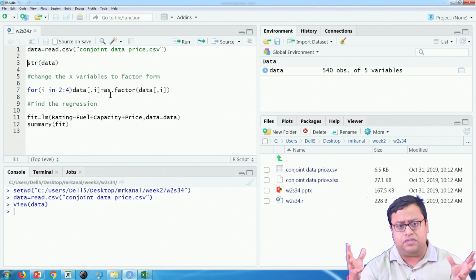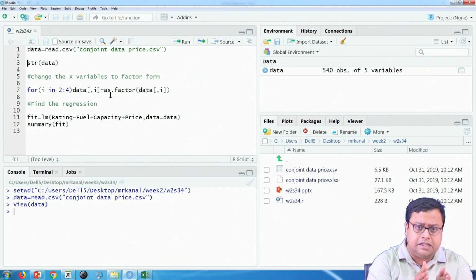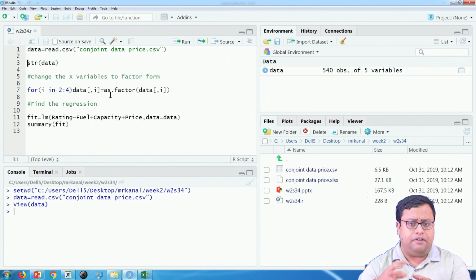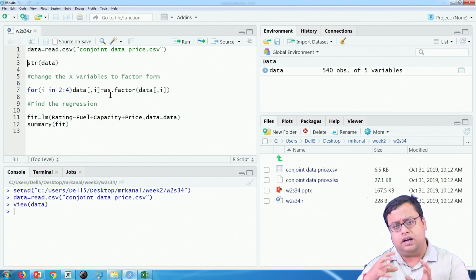Then you create 960 observations out of 60 people. You get 960 rows, which is good enough to run a regression with 3-4 variables, or probably 8 factors, 8 categories in total. That is a very big advantage of conjoint analysis, where you can create a lot of data from a smaller sample.